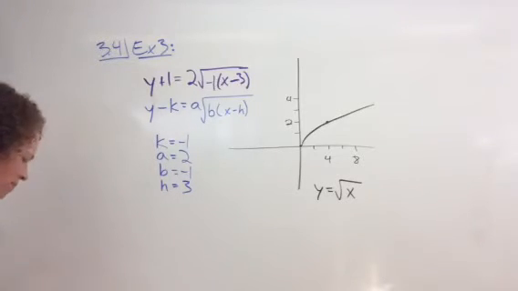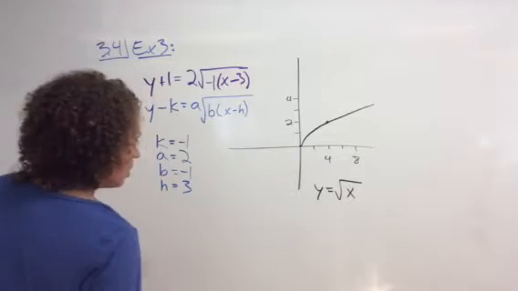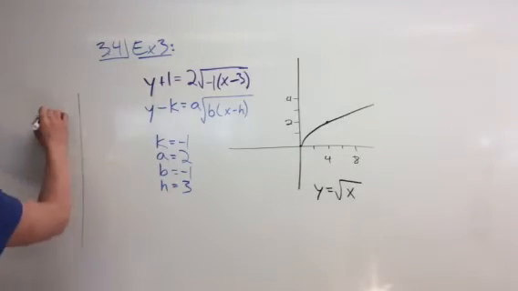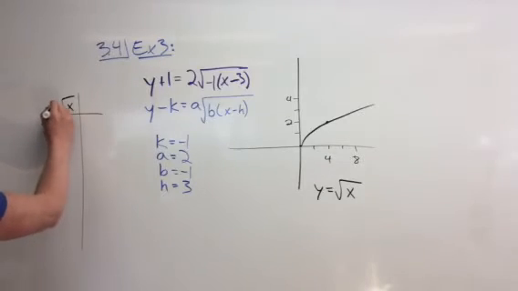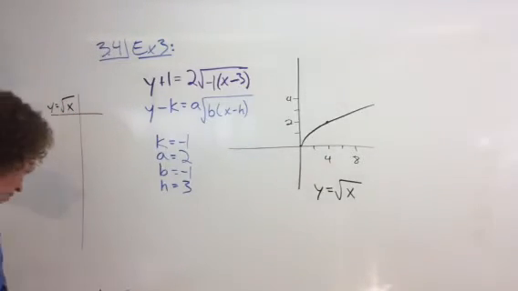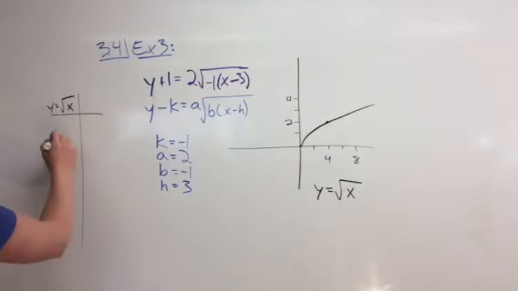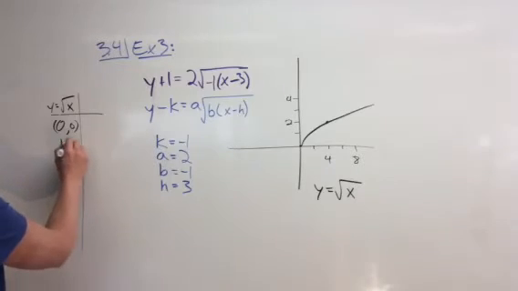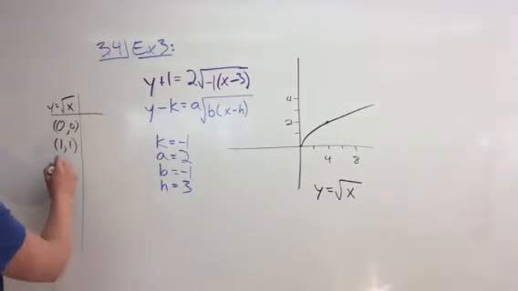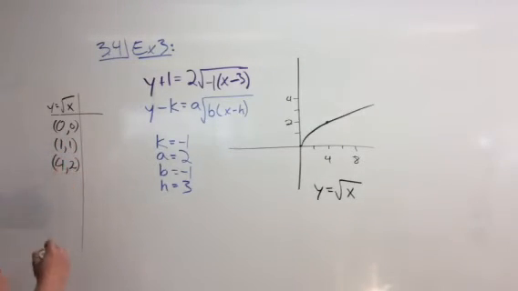Right, so now what we want to do is apply that to our table of values. Now our original equation was y equals root x, and we had a couple of points on there. We have 0 and 0. We have 1 and 1. 4 and 2.